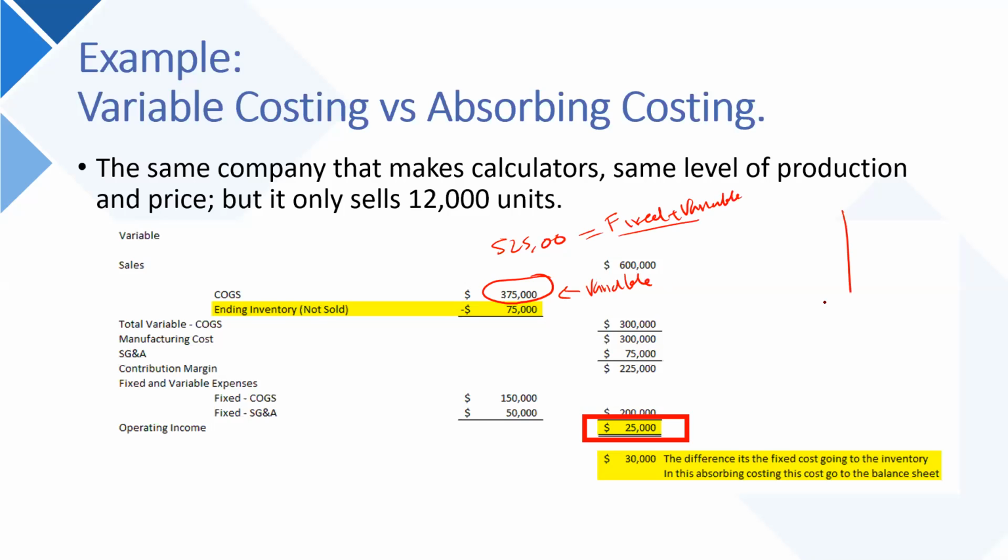And remember, it's behavior. Remember the graph: fixed cost, variable cost, sales, money, and here is time. So where does the 375,000 come from? Well, it's the variable cost of the product, only the variable cost.